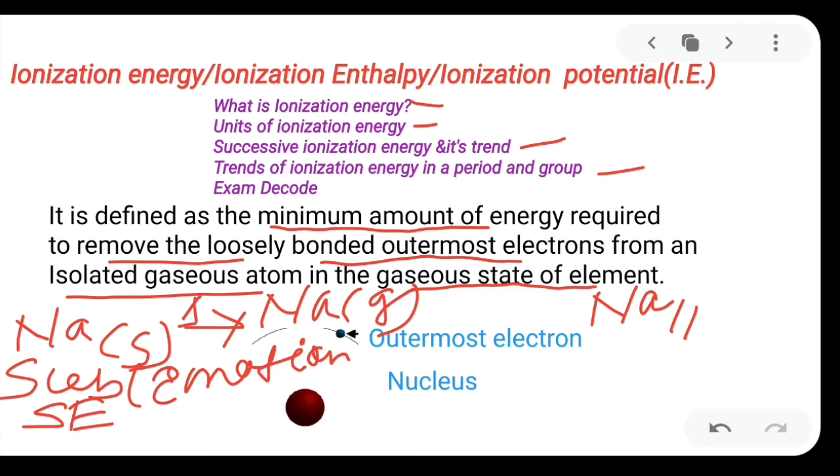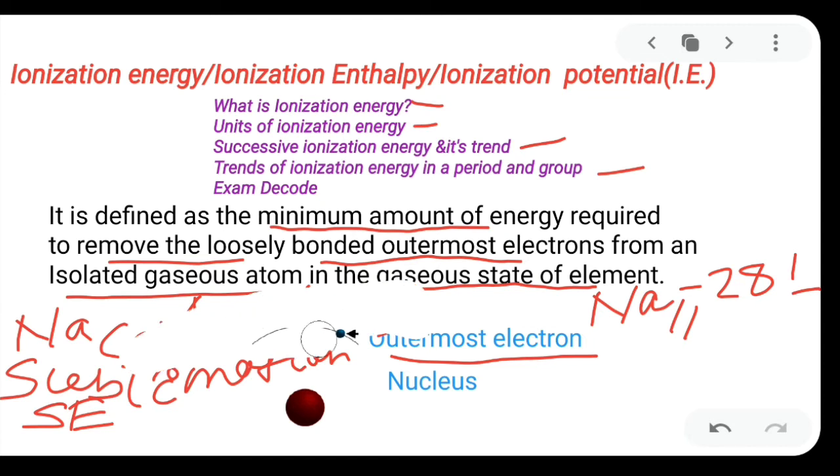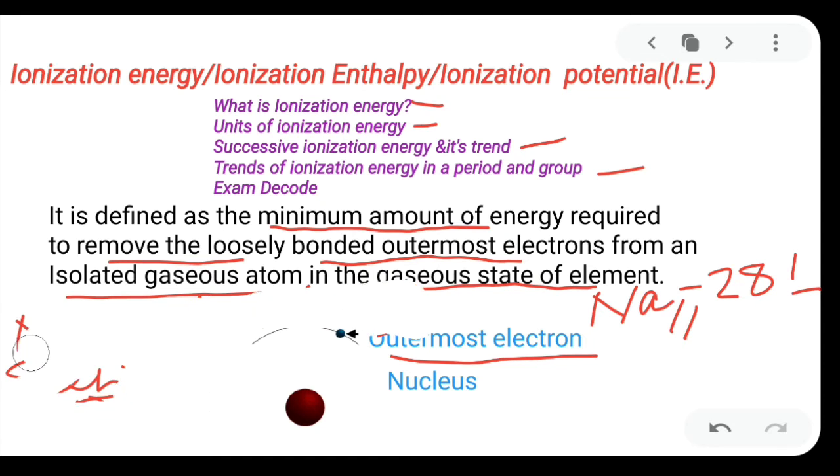Its atomic number 11 and the electronic configuration is 2, 8, 1. So one electron is present in its outermost cell. This is the one electron that is present as the outermost cell in case of the sodium atom.